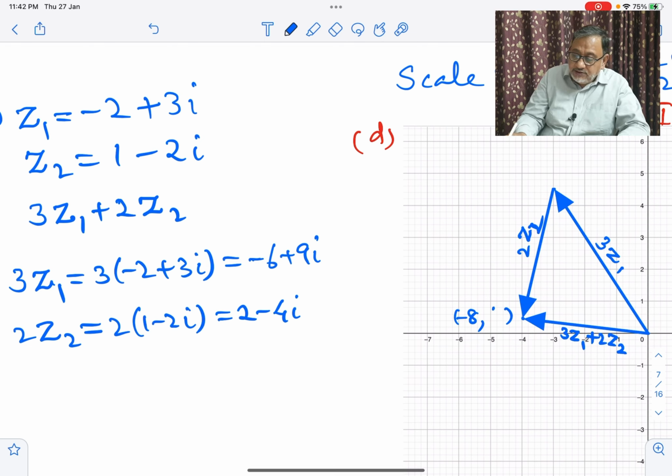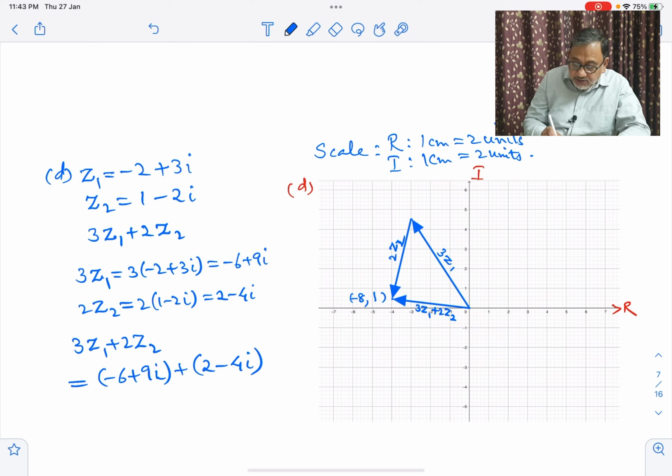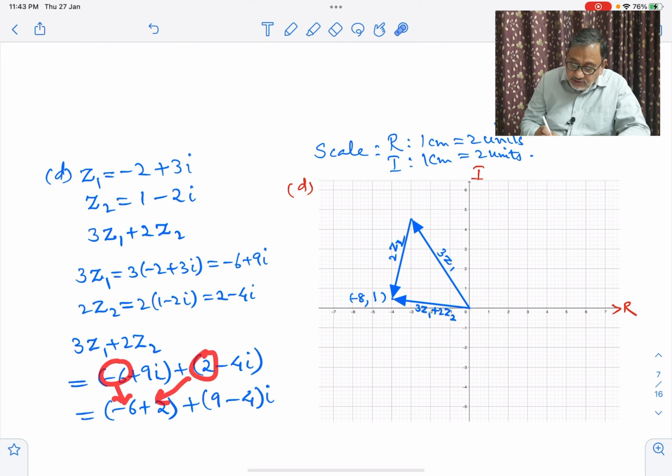Okay. Now let us add algebraically and check whether our answer is correct. So 3z1 plus 2z2 will be minus 6 plus 9i plus 2 minus 4i. Now real part with real part, minus 6 plus 2, and imaginary part with imaginary part. So real part is here, the second real part is here, the imaginary part 9 is here, the imaginary part minus 4 is here.